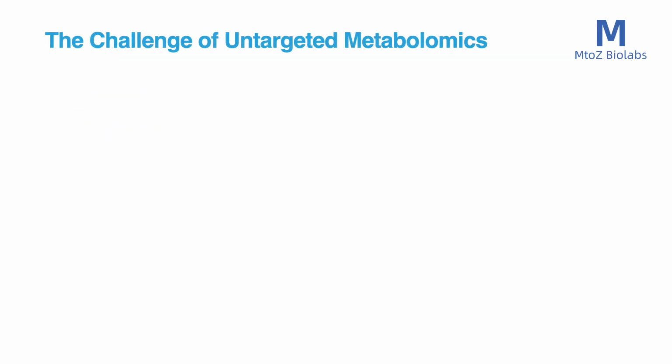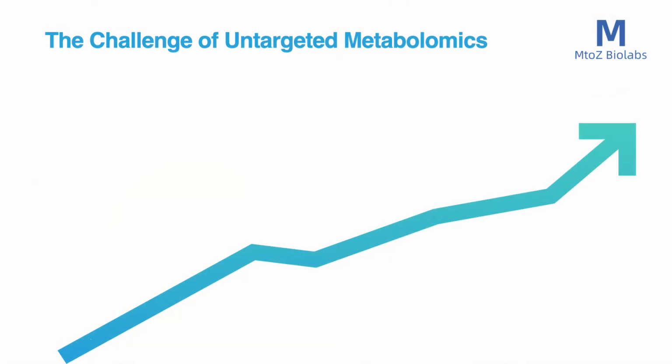Despite its broad potential, untargeted metabolomics faces several challenges. First, metabolites are highly diverse, including carbohydrates, lipids, amino acids, nucleotides, and other small molecules, with greatly varied chemical properties.